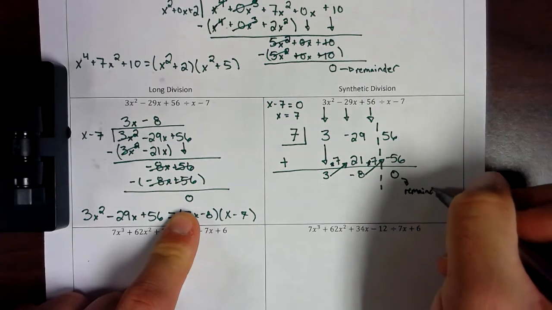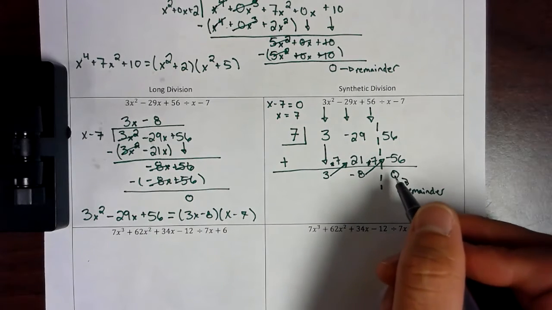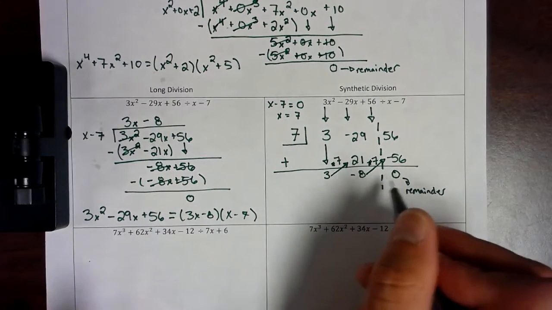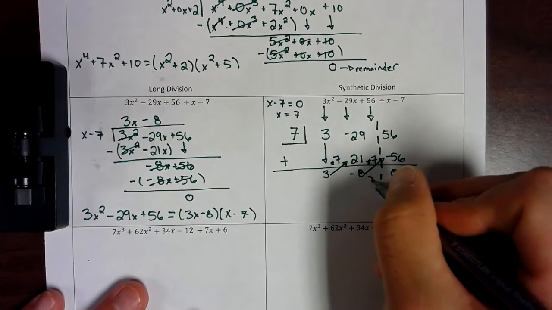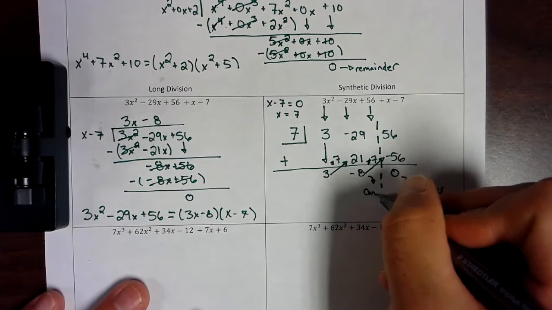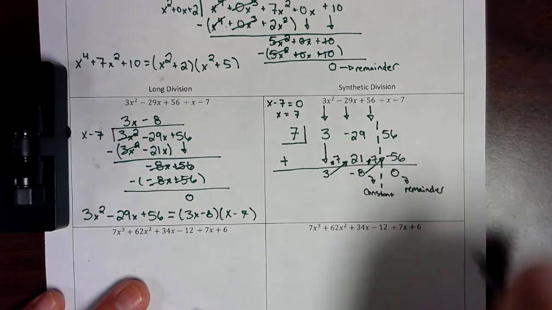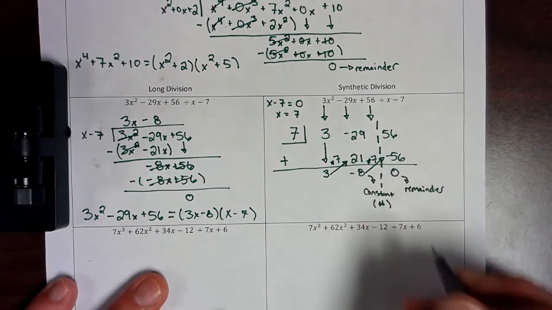And then these other numbers, I always interpret them by going right to left, working my way to the left-hand side. The reason I do that is because the number immediately to the left of your remainder is your constant term, meaning it doesn't have any x's. It's just a number. So that's just -8.